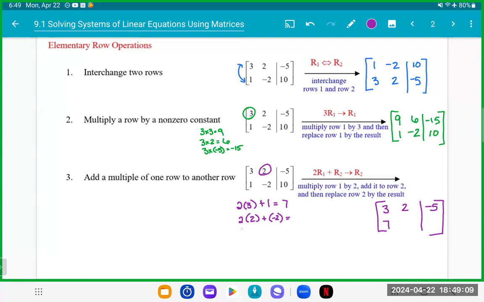So 4 minus 2 equals 2. So we're replacing this, and that becomes a 2 down here. Okay. So now we do 2 times row 1 plus row 2. That gives us a negative 10 plus 10 is a 0. And so that would replace that here.